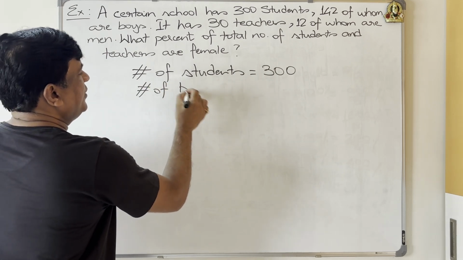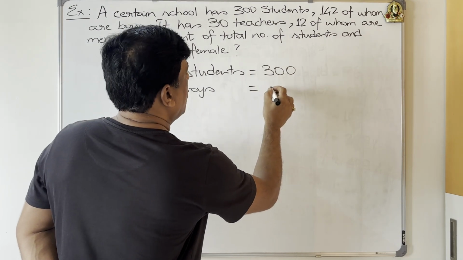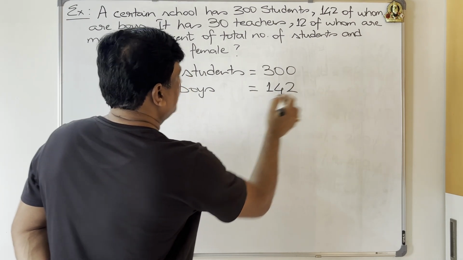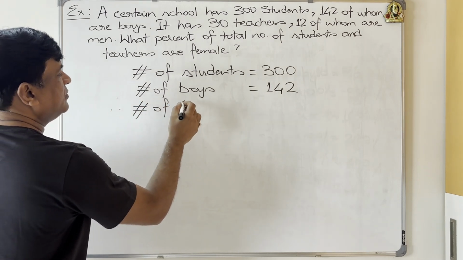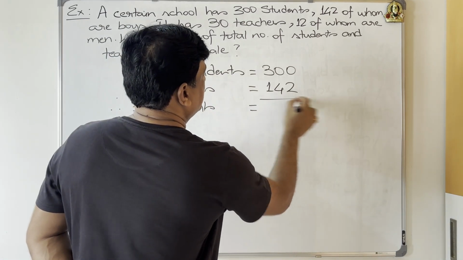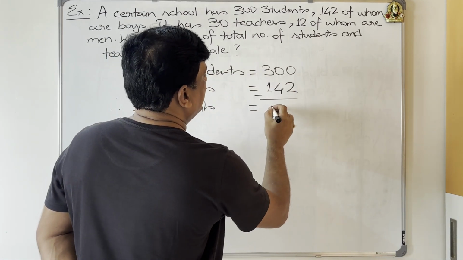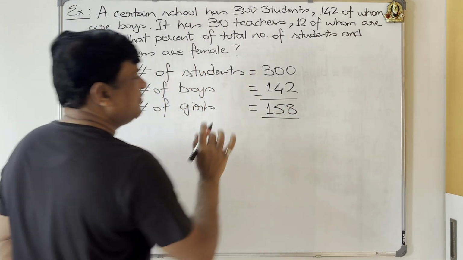Number of boys is equal to 142. So therefore, what can you calculate? Number of girls will be equal to this minus this, which will come out to be 158. That's the total number of girls in the school.